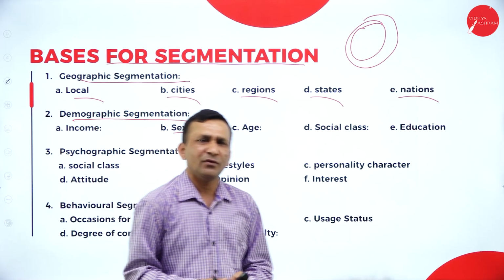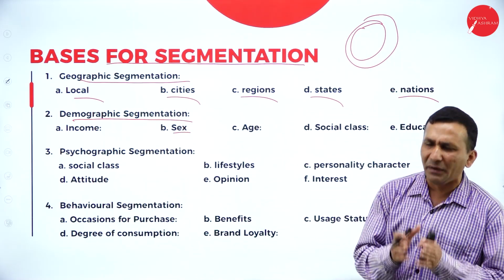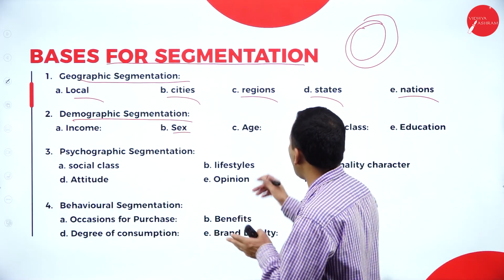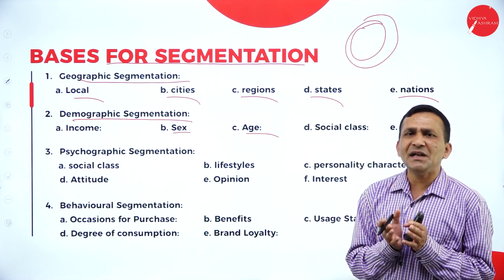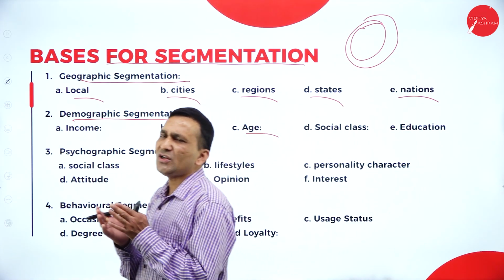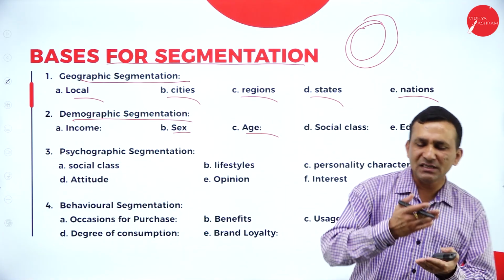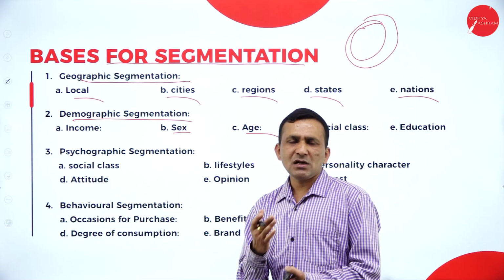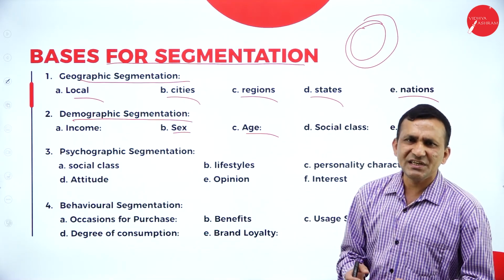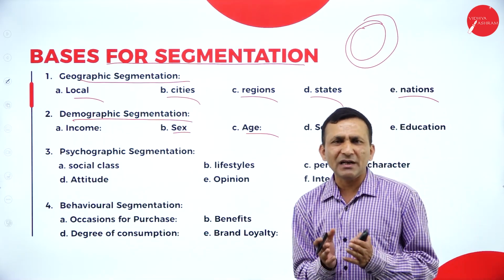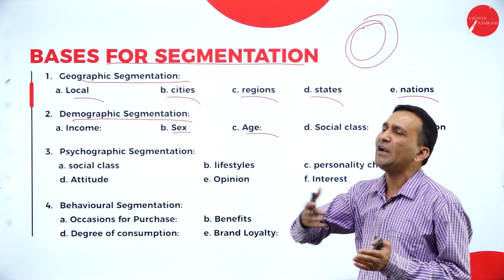Which type of product you are offering, whom you are offering, male, female or children. And age factor, because there are different types of product based on age classification. For example, 0 to 18 years, 19 to 40 years, or 41 to 60 years. So there are different types of product we are offering for different age groups.